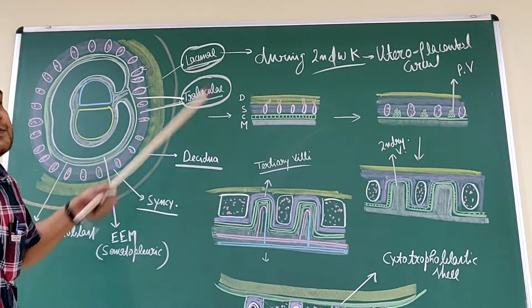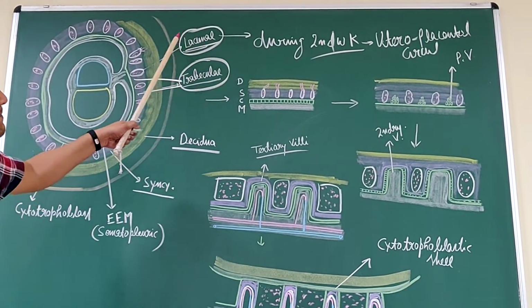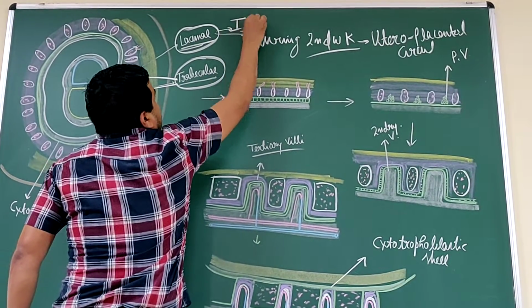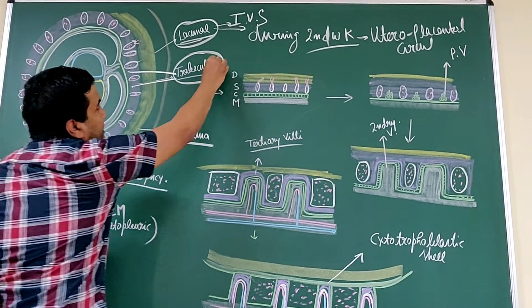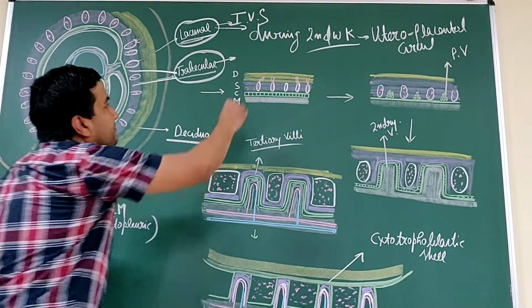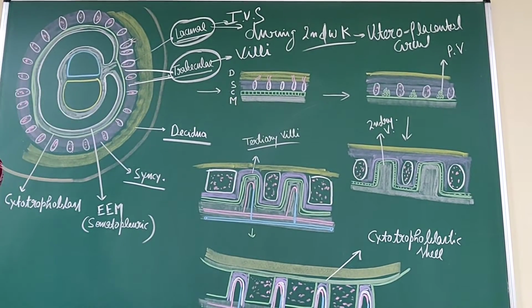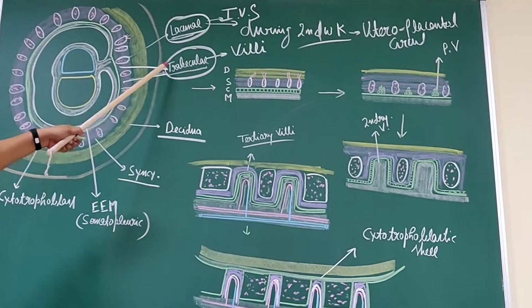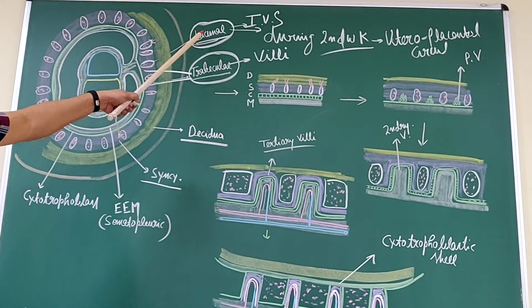This lacunae in the future becomes the intervillous space, and this trabeculae form the villi. With further development, villi are developed from this trabeculae, while the intervillous space that contains the maternal blood develops from this lacunae.